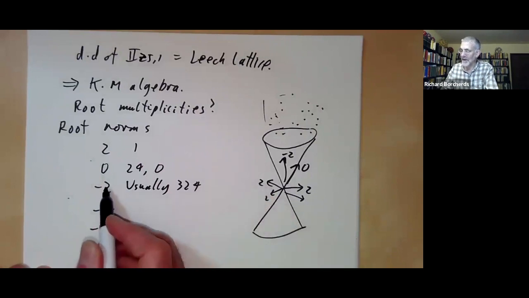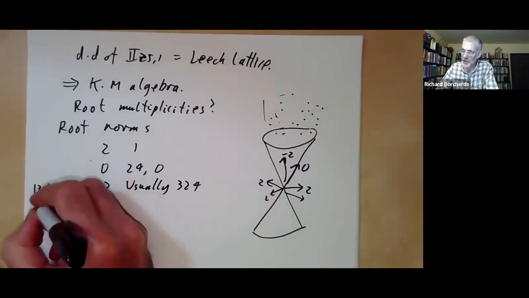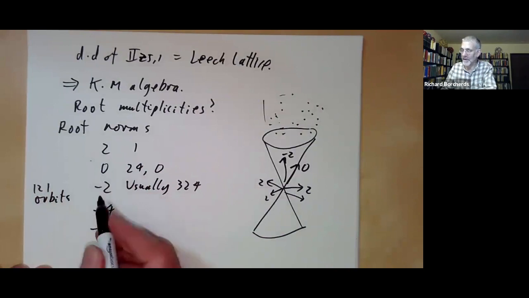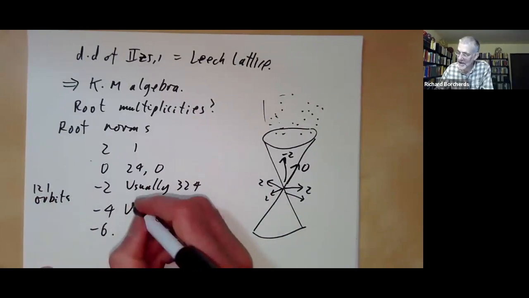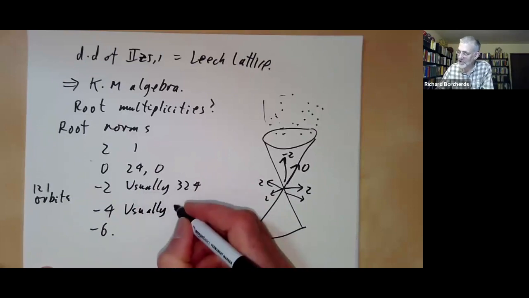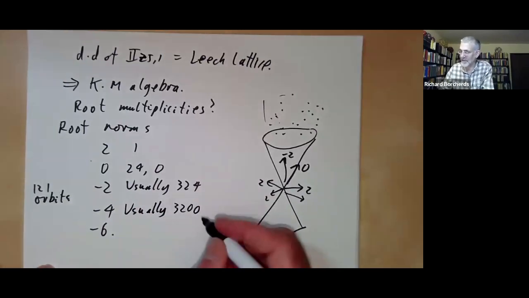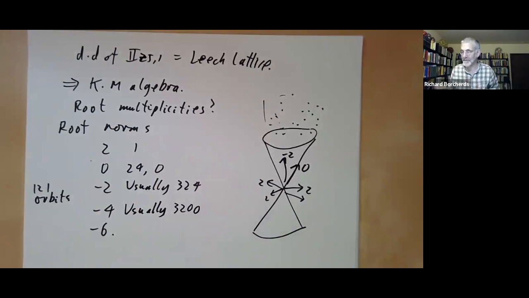324. There are altogether 121 orbits of norm -2 roots, and for 119 of them the multiplicity is 324, and for 2 the multiplicity is less. And here the multiplicity is usually 3200, and sometimes a bit less.